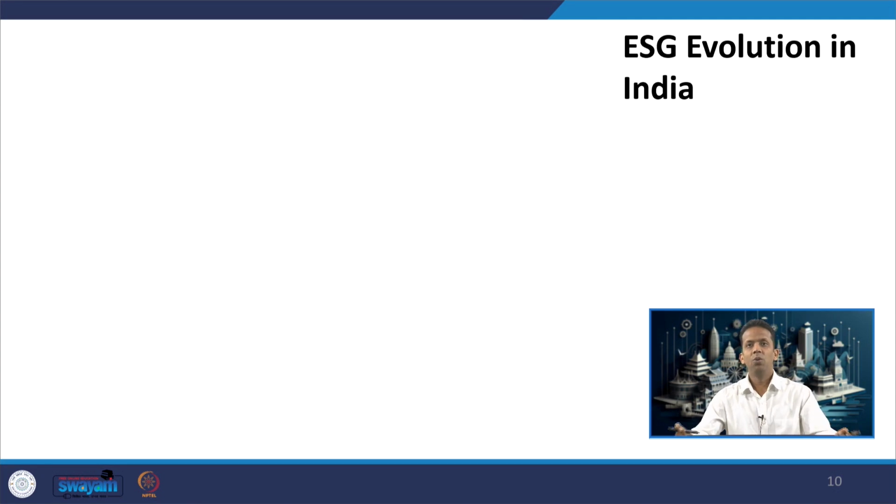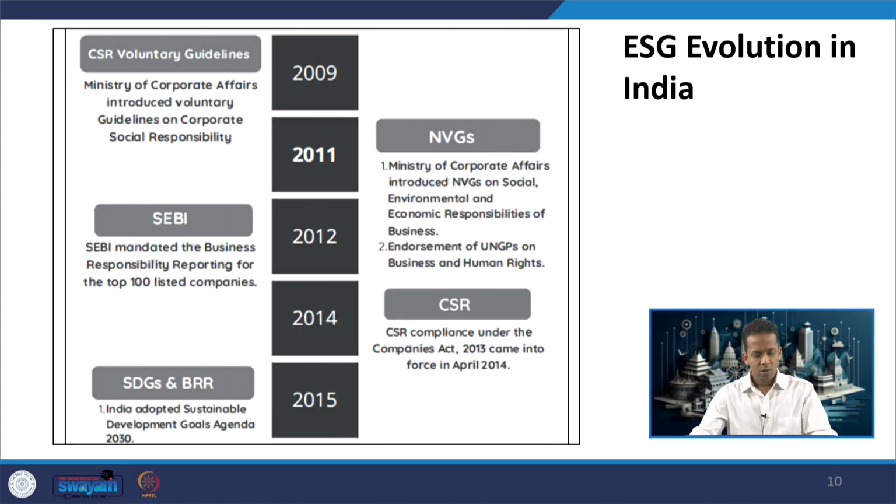Let us look at how ESG evolved in India and at what stage it is, because it started in the West, mainly in the European Union and then the US, and then it started becoming more common in the East. So, this table shows the chronological evolution of ESG in India.